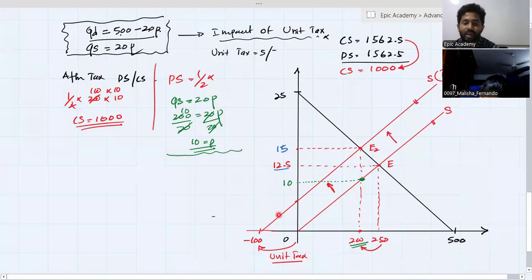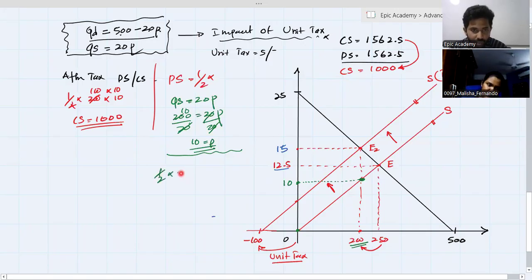Now we can calculate the producer surplus in here. This triangle represents the producer surplus after the tax.